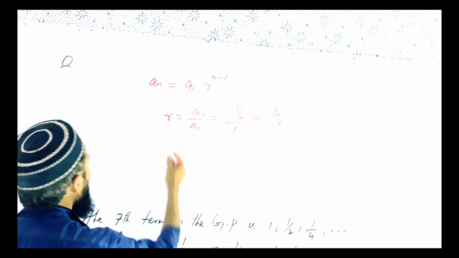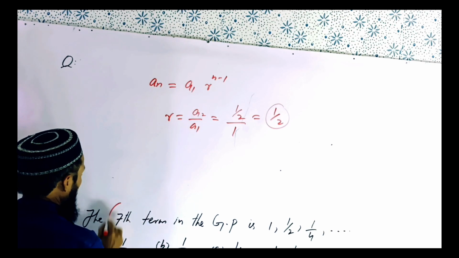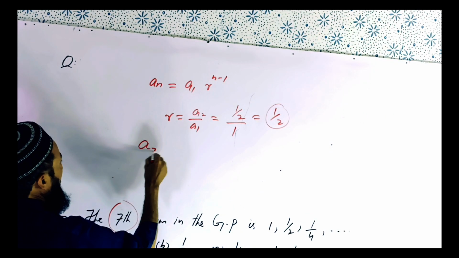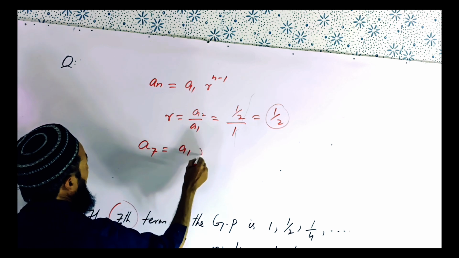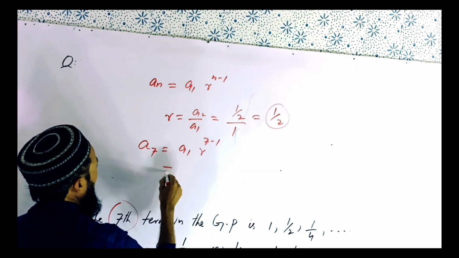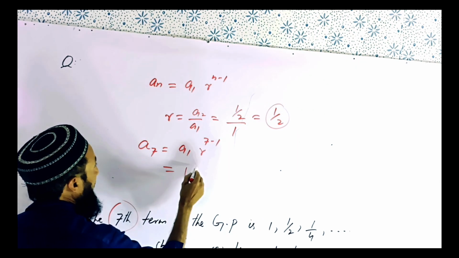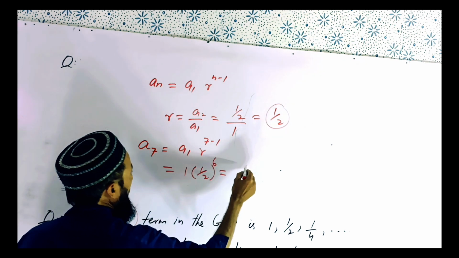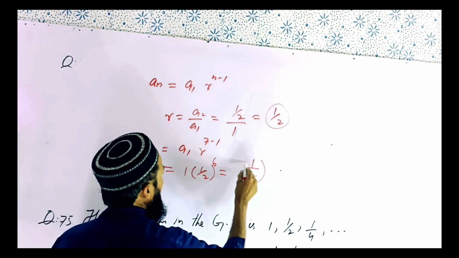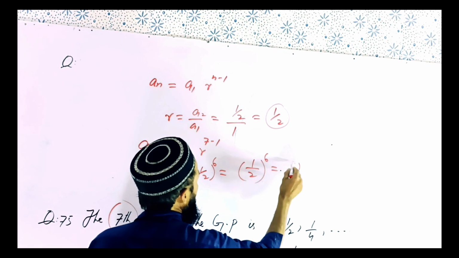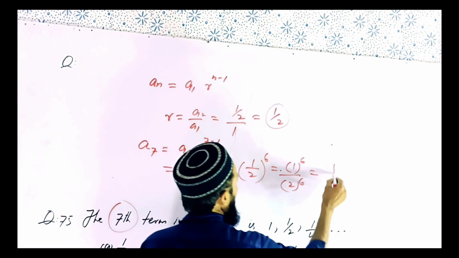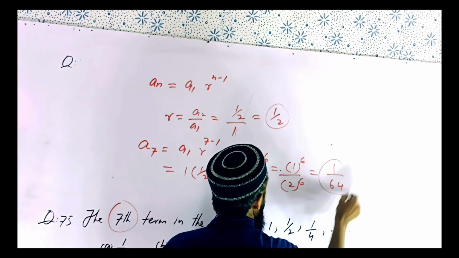Now substitute this result; the 7th term is required. We put a1 r to the power 7 minus 1. A1 is equal to 1, r is equal to 1 by 2, the power is 6, and 1 divided by 2 to the power 6, which is 1 divided by 64.